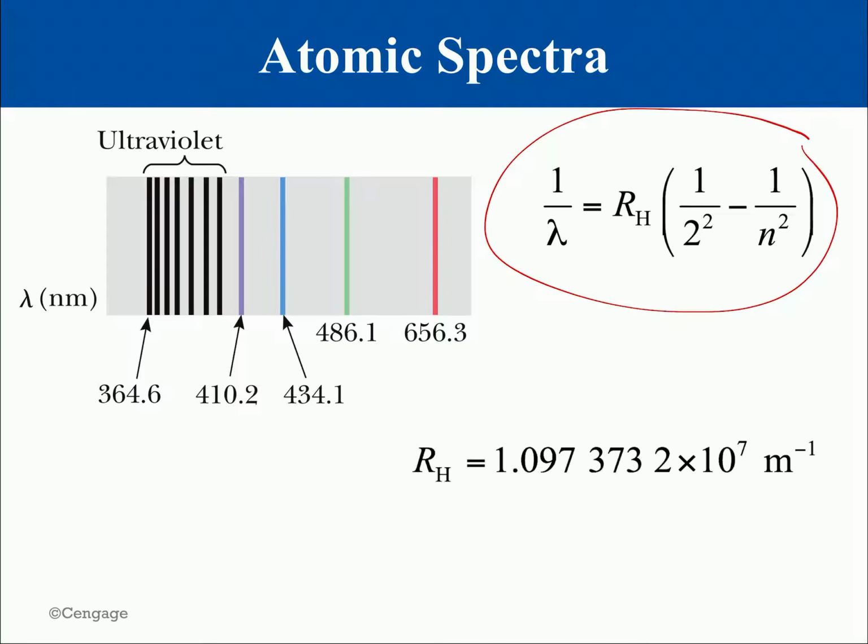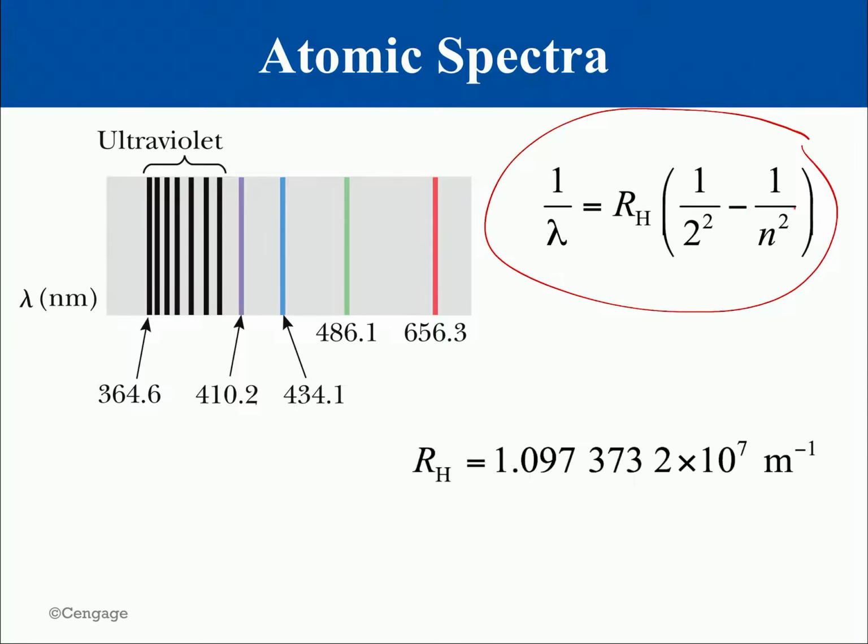Okay, so the idea with this equation is that n is just an integer. It can have any integer value of 3, 4, 5, and so on. So it has to be anything larger than 2 in this case, so it can't be 2 or 1, because we can't get a negative.